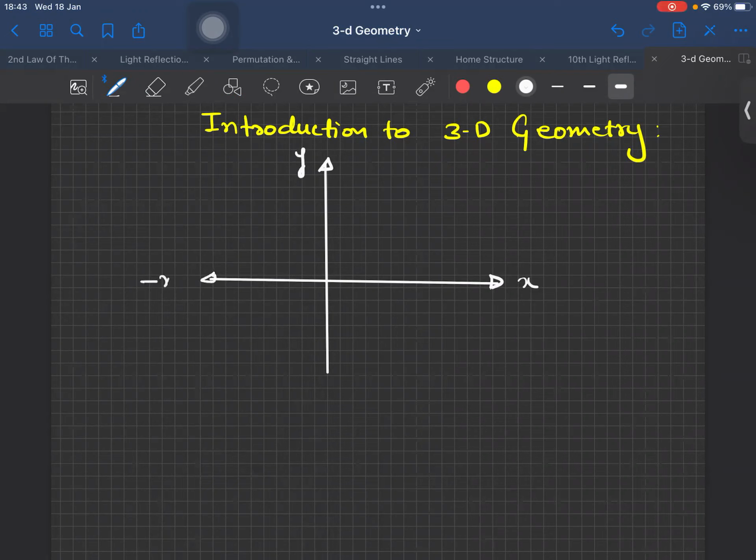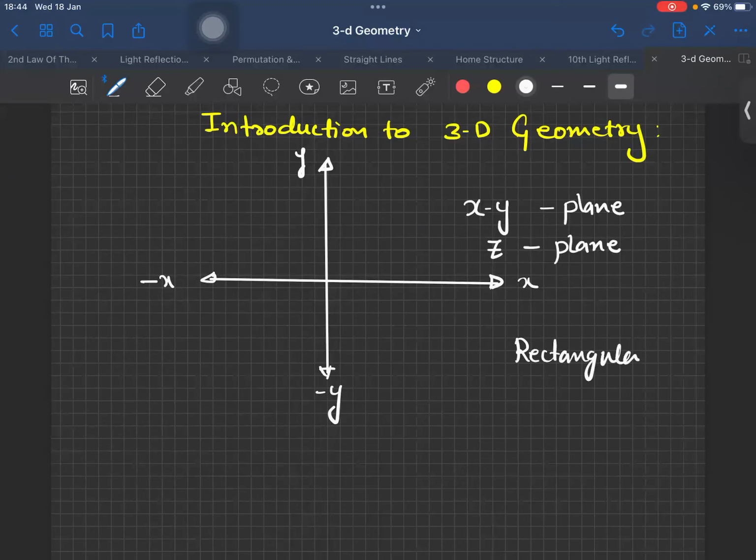Of course, this is negative x and negative y. So this is called your XY plane, or Z plane. And we are only studying the rectangular coordinate system, or Cartesian coordinate system.